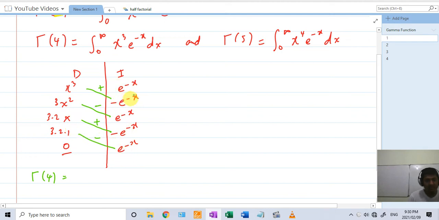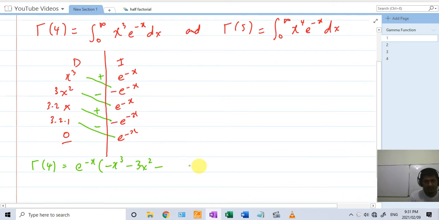So what you can actually do is take out e to the power negative x as a common factor. So all I am left with is negative x cubed, negative 3x squared by multiplying these two, minus 3 times 2x, then the next one minus 3 times 2 times 1.